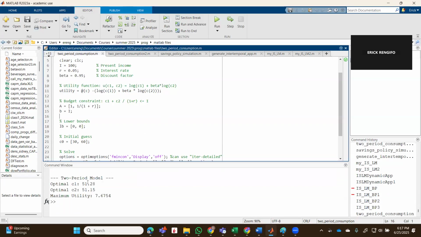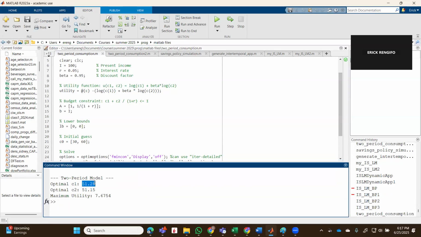My two-period model, my optimal C1. Well, C1 is what I wrote as C0. And my optimal C2 is this number here. So basically it means, guys, that I will consume basically half and half. Do you agree? If my function is this one here, I will eat basically half and half.